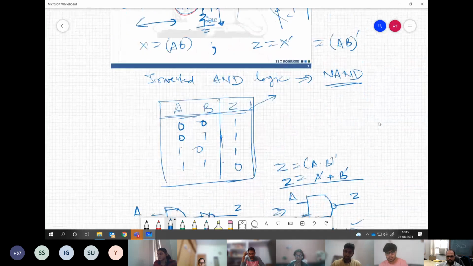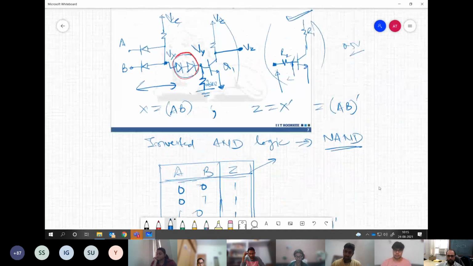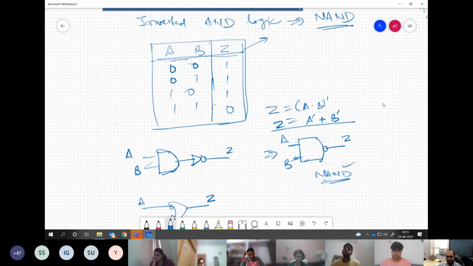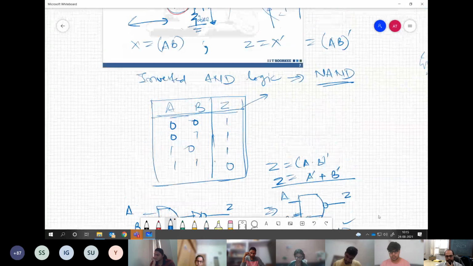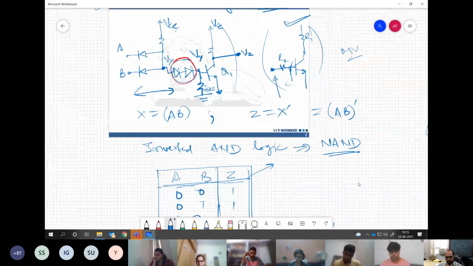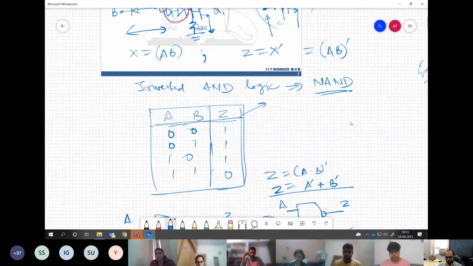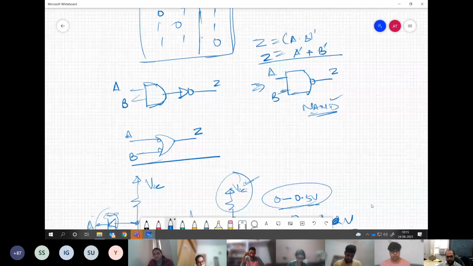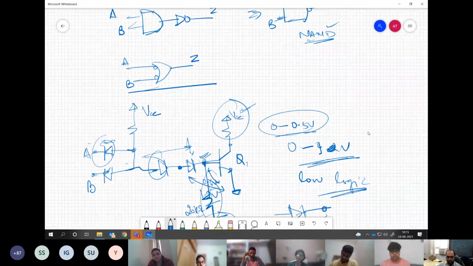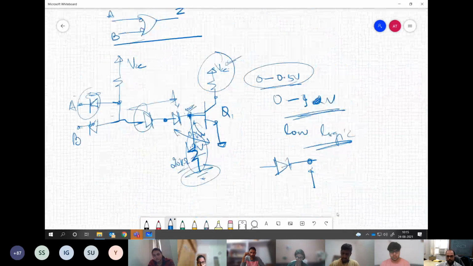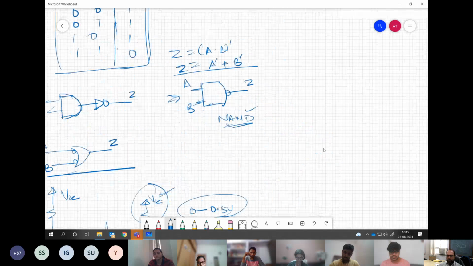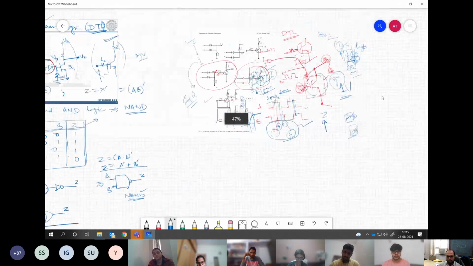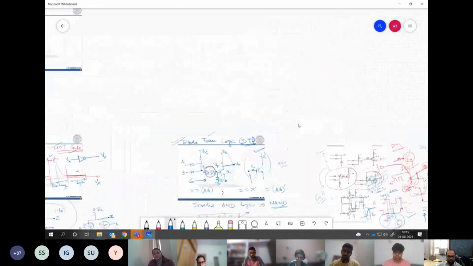So essentially these are the basic building blocks for the more sophisticated and more advanced logic designs, and somewhere we are utilizing these basic concepts only, but the shortcomings we are getting in these circuits, we are trying to resolve in the next version, and we are coming up with a better technology for the design. Now, what problem could be there with this RTL logic or this DTL logic, whatever we say?